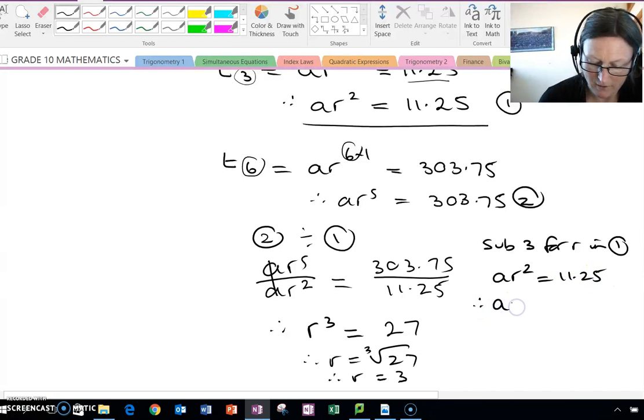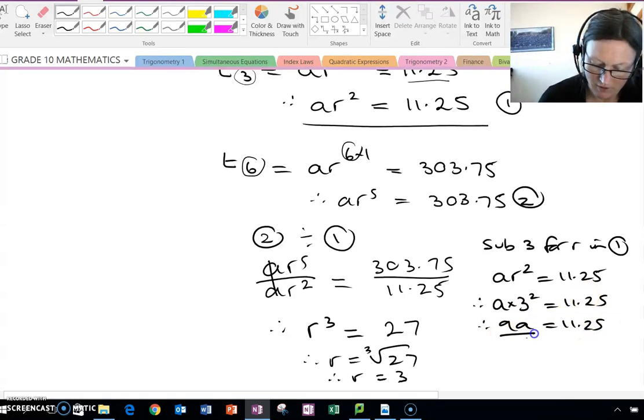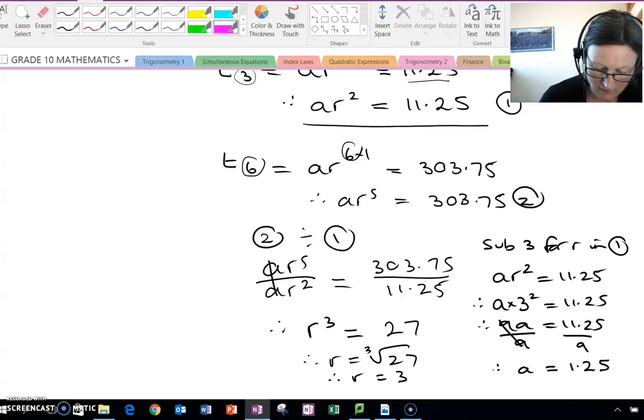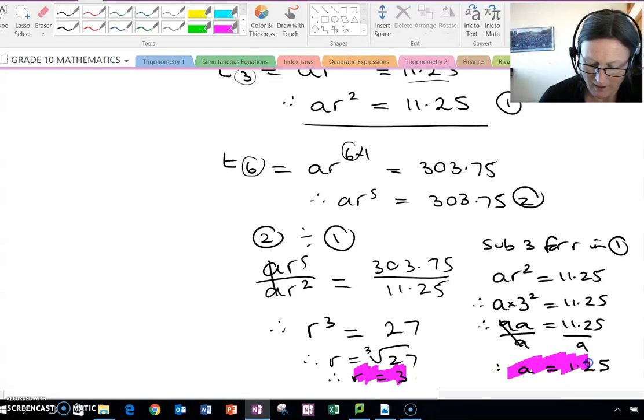Therefore A times 3 squared equals 11.25. Therefore 9A is equal to 11.25. Divide by 9. Therefore A is equal to 1.25. So I have just found R and I have just found A.